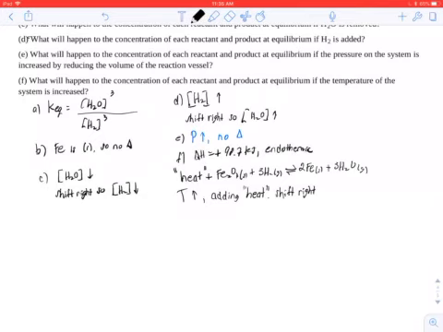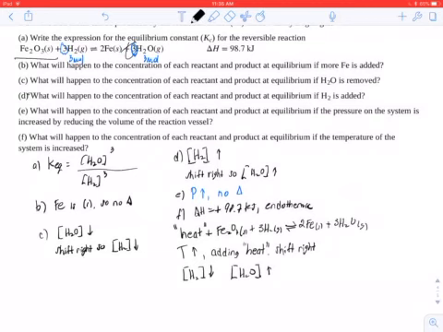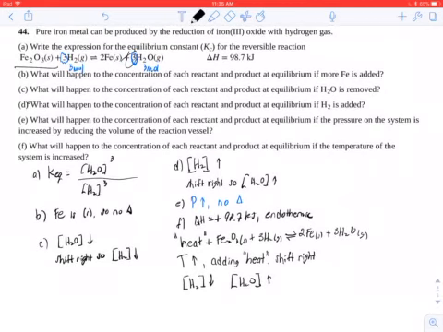So that means the concentration of hydrogen is going to decrease and the concentration of H2O is going to increase. So that's how you think through these problems on Le Chatelier's principle with number 44 in the OpenStax book.